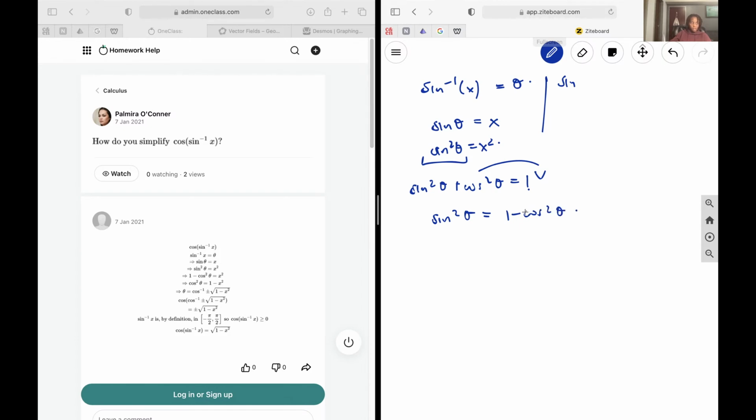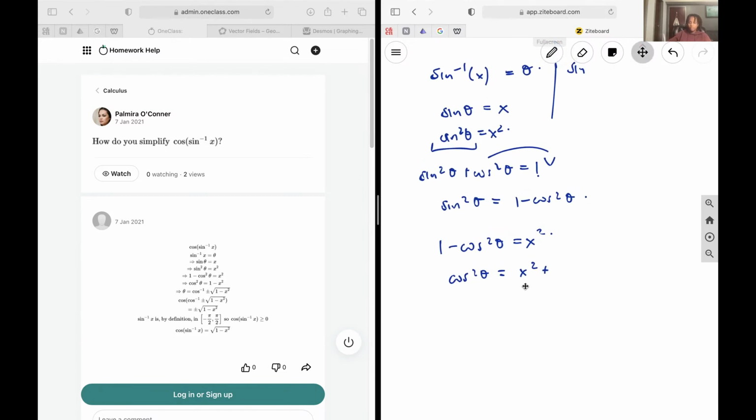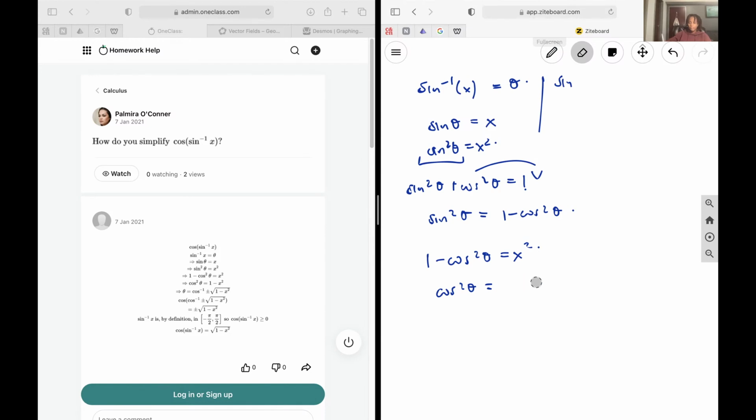Then I'm going to put that in place of sine squared theta, so I have 1 minus cos squared theta is equal to x squared, which means that cos squared theta is equal to 1 minus x squared. Then I'm just going to take the square root to find cos theta: root 1 minus x squared, and it's going to be positive or negative.